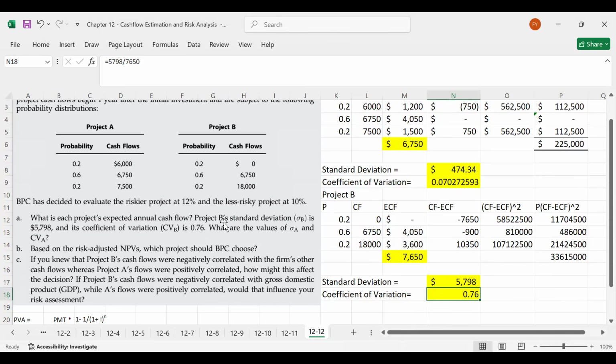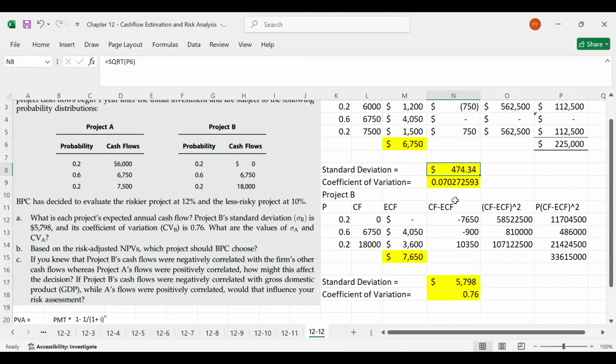So this 12% is for project B, because you can see that here we have more standard deviation or more coefficient of variation, which means that project B has a higher risk as compared to project A. So the riskier project rate is 12%. So project B is going to be evaluated on the basis of 12%, whereas project A is going to be evaluated on 10% because project A is less risky.